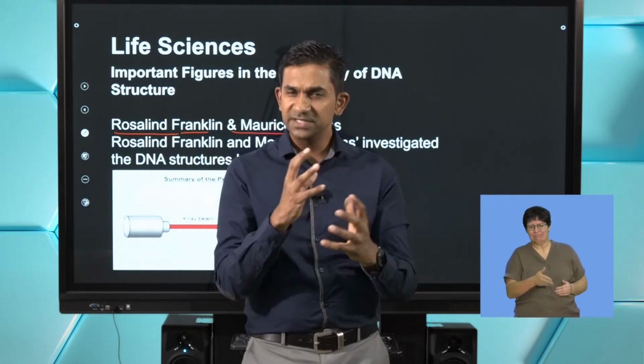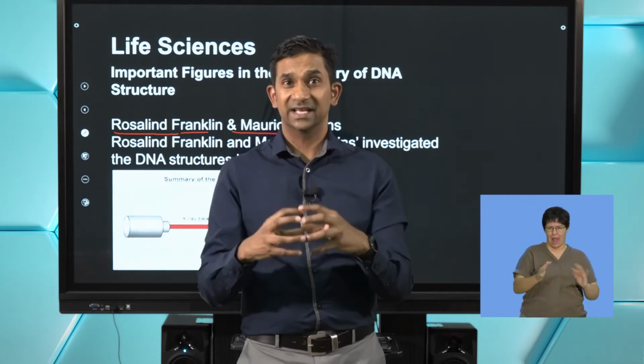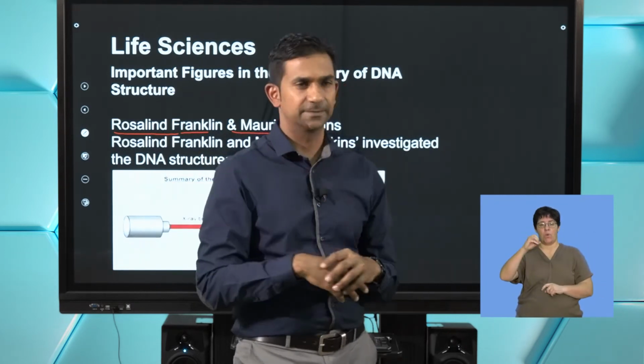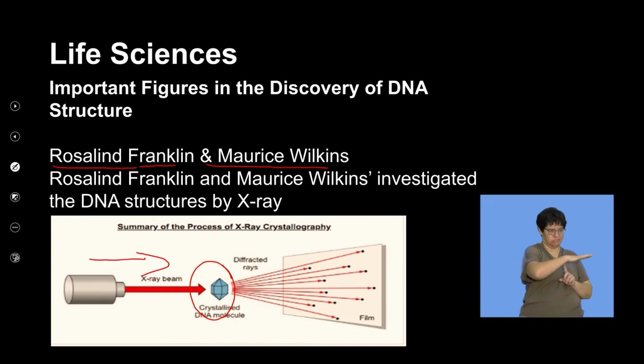So they were busy trying to put together their model of DNA and what it would look like as a complex polynucleotide. So she had subjected a crystallized structure of DNA to X-ray beams, and that produced a display of diffraction images of light as it passed through. And this was photographed and created as an X-ray image.